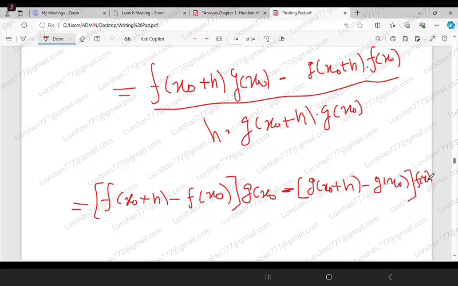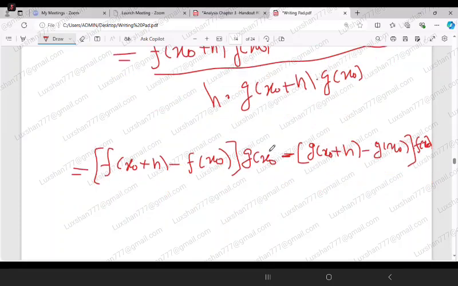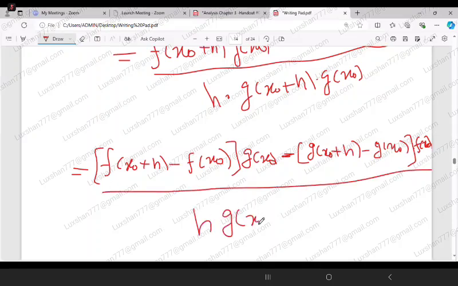So look at here, minus into minus is plus. So I am just adding f of x naught g of x naught and subtracting f of x naught g of x naught, over h into g of x naught plus h into g of x naught.